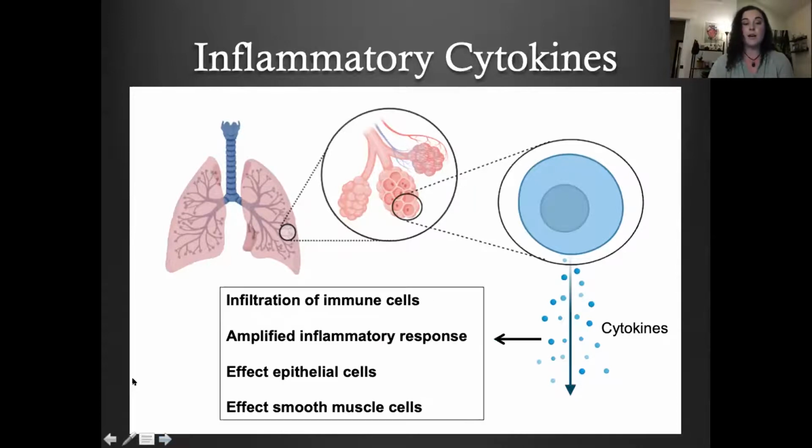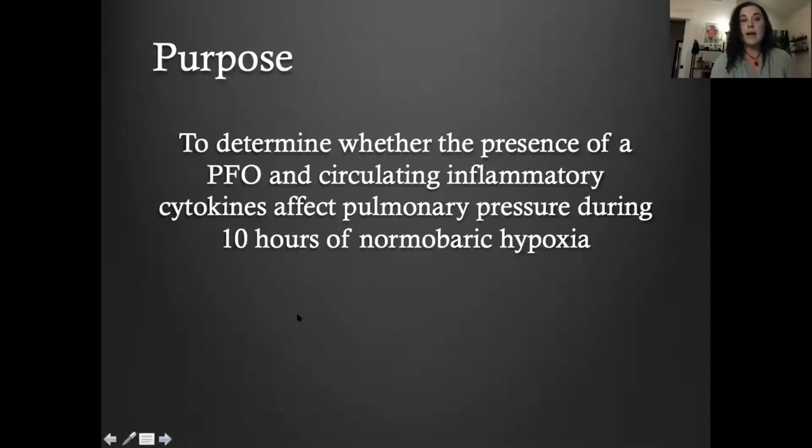And they have a ton of different downstream targets. So namely, they'll cause infiltration of immune cells that can help amplify the inflammatory response. They can also affect epithelial cells and smooth muscle cells. So taking all of that, the purpose of this study was to determine whether the presence of a PFO or circulating inflammatory cytokines would affect the pulmonary pressure responses during 10 hours of normobaric hypoxia.